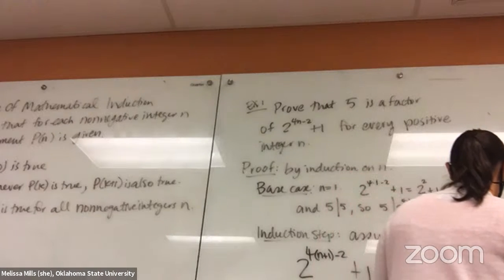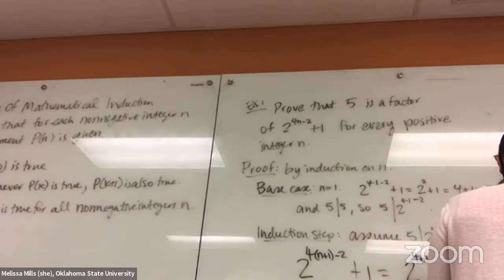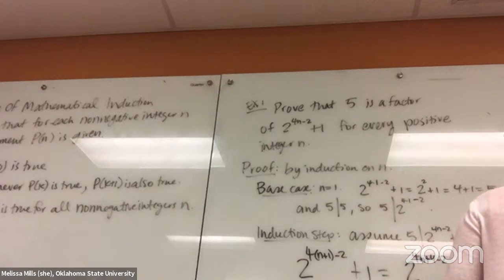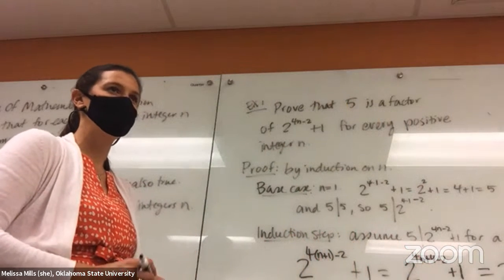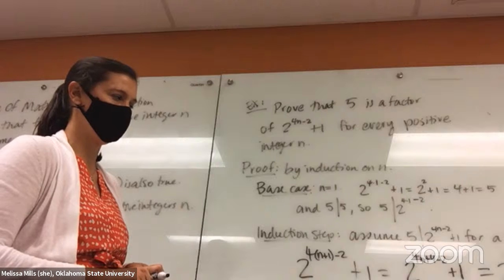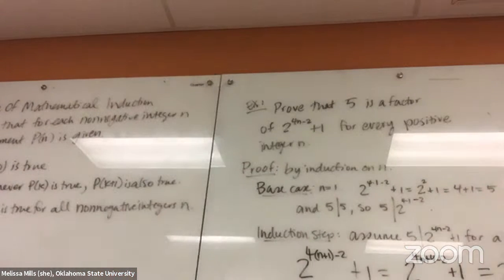Okay, so here's the idea. You could take 2 to the 4th, 2 to the 4n minus 2 plus 2 to the 4th. Oh wait, we need it to be minus 2 to the 4th plus 1. So you add and subtract the 2 to the 4th. And now what can we do? Well, I can pull the 2 to the 4th out of those first 2 terms, right?